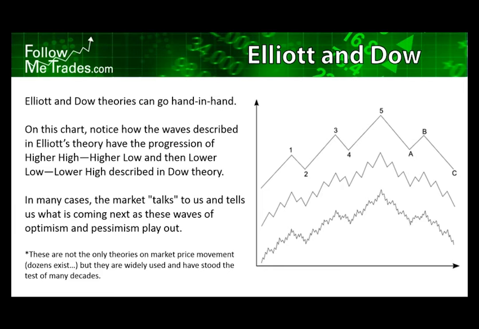That's described by Dow theory, and when it moves down, it does the same thing in terms of lower lows, lower highs, and more lower lows. That helps me tell when these impulsive waves and corrective waves may be ending and going into the next wave. I like to say that the market talks to us, and it tells us what's coming up next as these waves of optimism and pessimism play out.